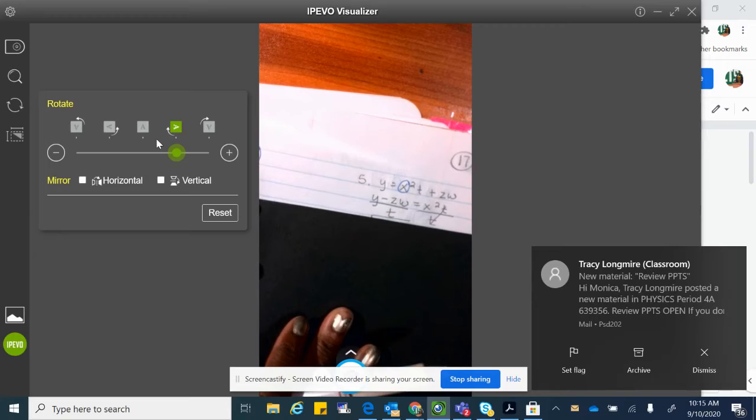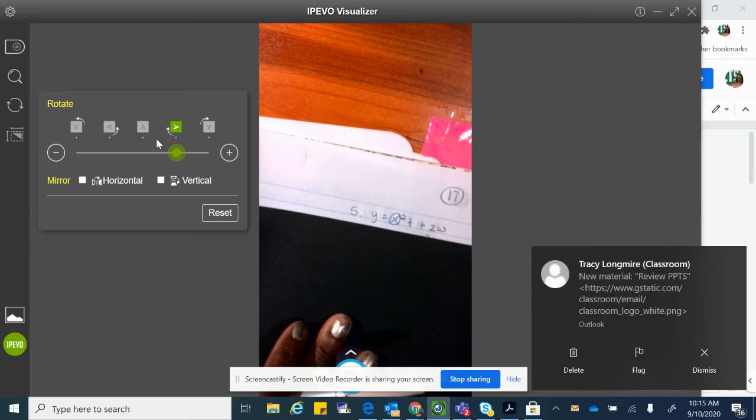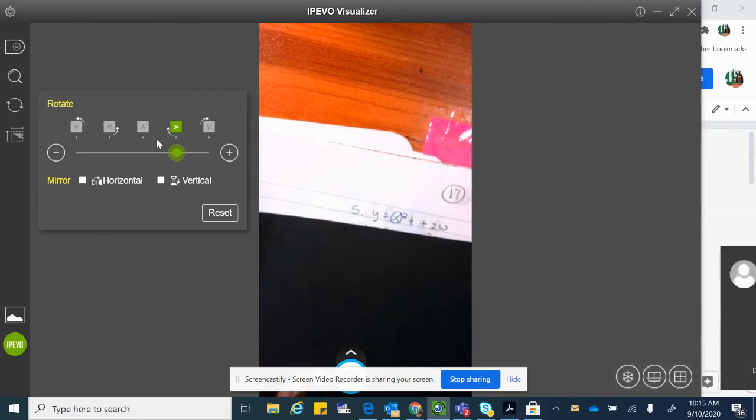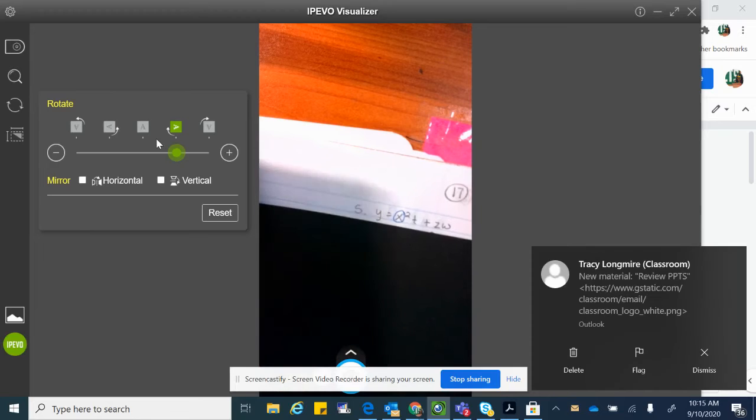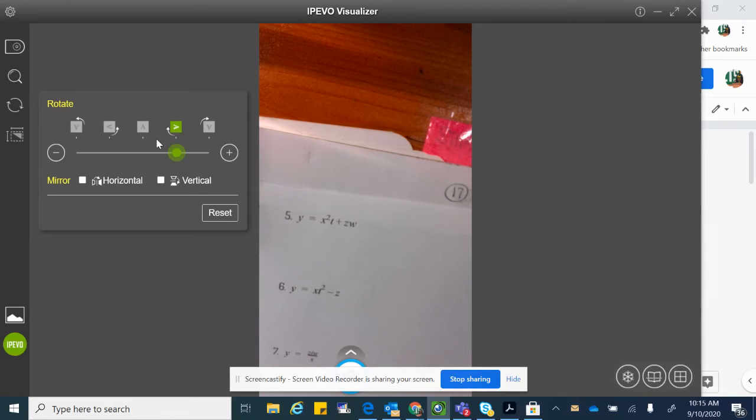Number 5. Let's see. Number 5, without all my writing. Here's the question for number 5. y equals x squared times t plus z times w.